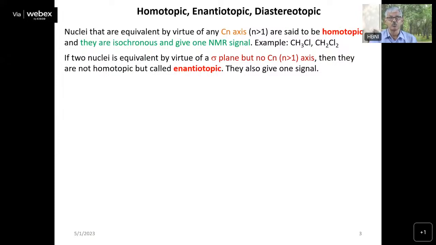Now, if two nuclei are equivalent by virtue of a sigma plane but there is no Cn axis, then they are called enantiotopic, and enantiotopic nuclei also give you one signal.